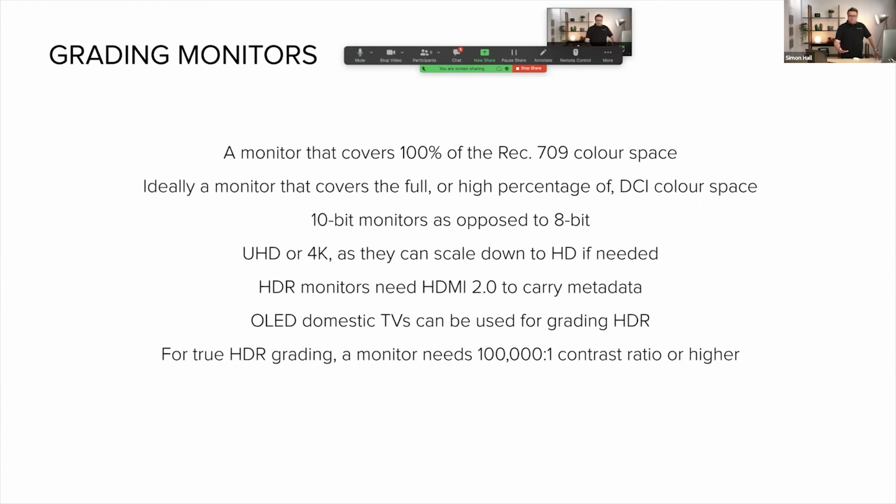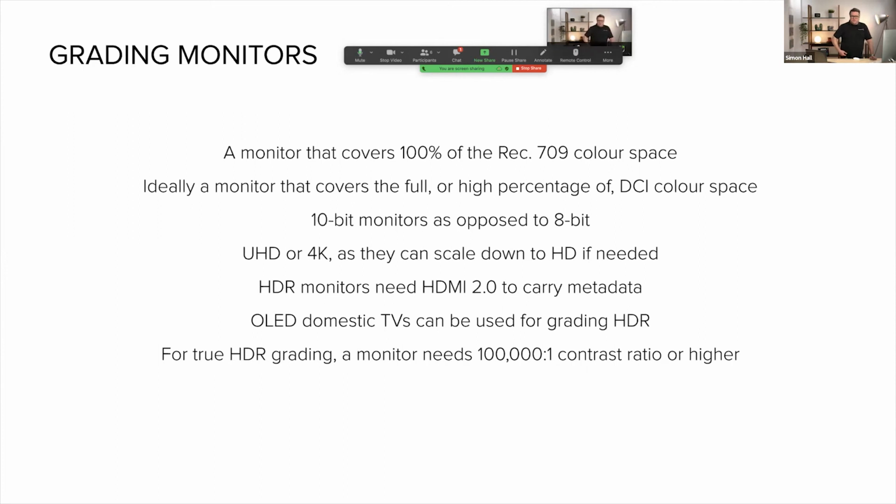A lot of monitors coming onto the market cover some of the P3 gamut. I would try and get a monitor that has 10-bit color depth rather than 8-bit. For future proofing, I would look at Ultra HD or 4K. They can always downscale to HD.